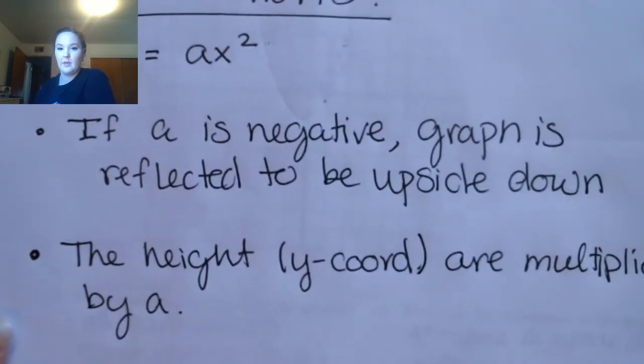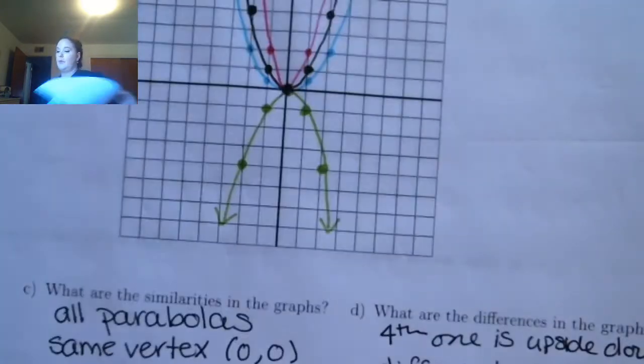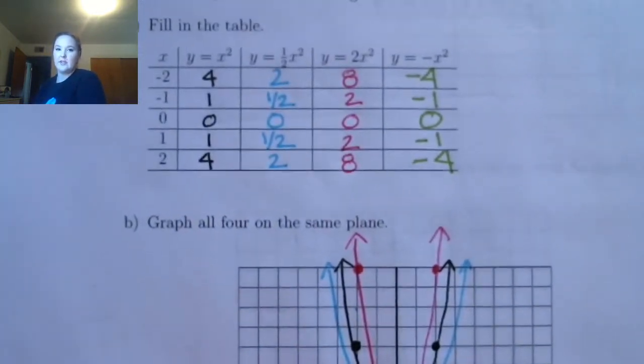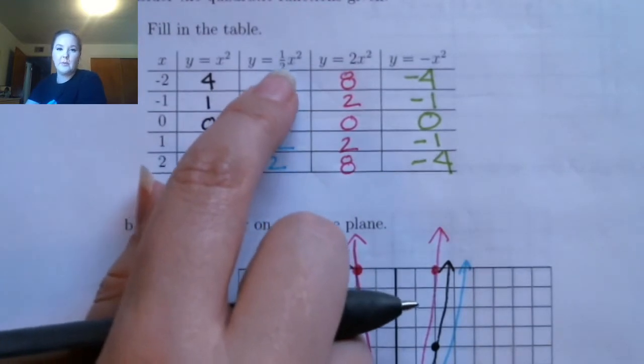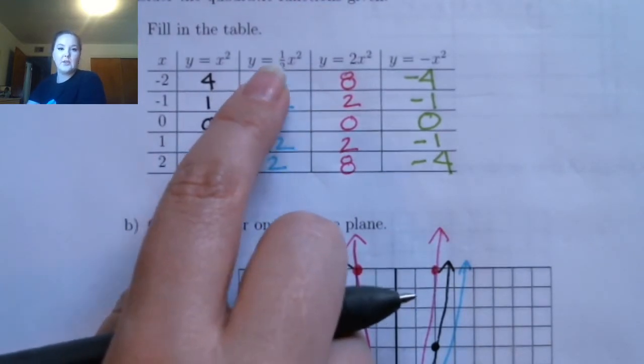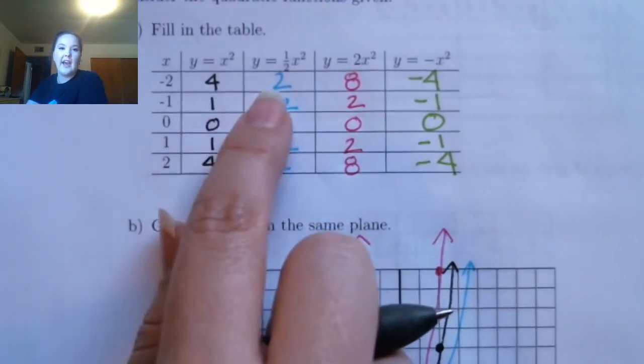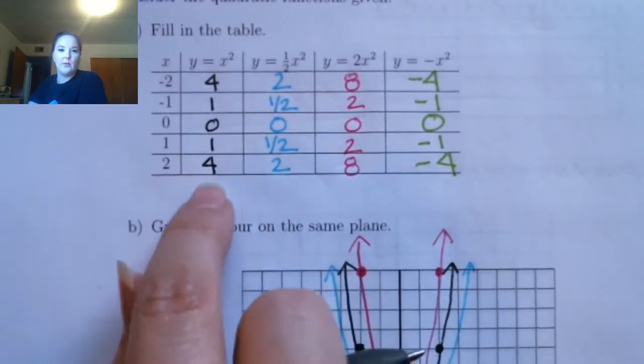Let's look at what I mean by that. For the first example, we have that this number is 1/2. So we're looking at these y coordinates, and these ones are half of the original ones.